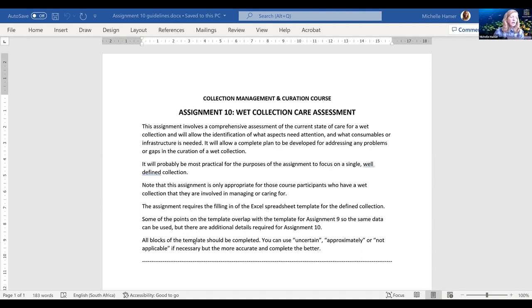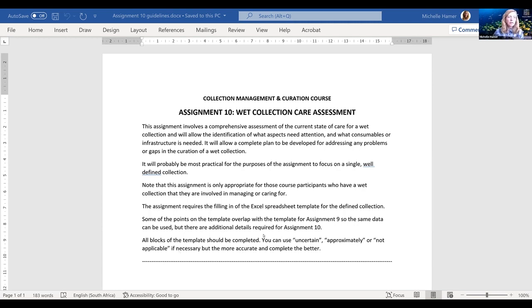You need to actually check and try and complete all the blocks in the template, even if you say uncertain or not applicable, just to show that you have worked through them. Otherwise, if there's a whole lot of blank ones, we don't know whether they've been forgotten about or if there's no answer. So it's better to put something in there just to show that you have actually worked through it.